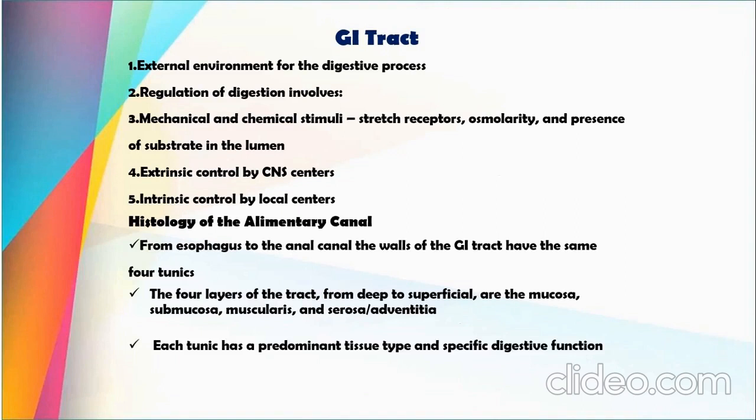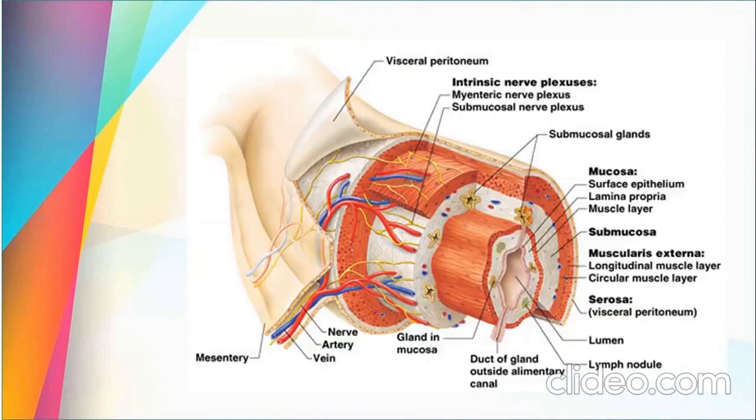Each tunic has a predominant tissue type and specific digestive function. Now see in the diagram: these are the serosa, outermost cover, muscularis externa, submucosa and the mucosa.